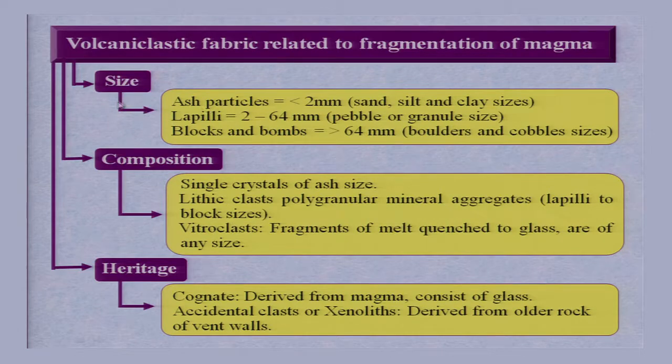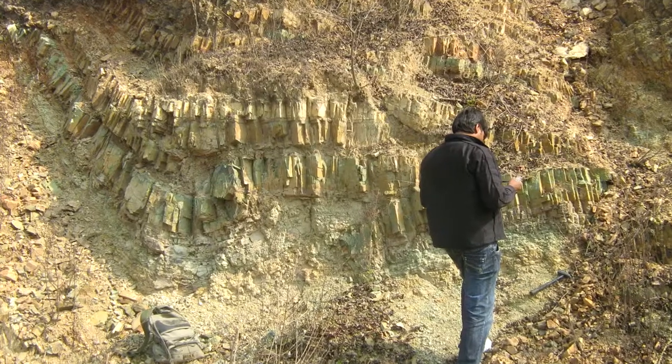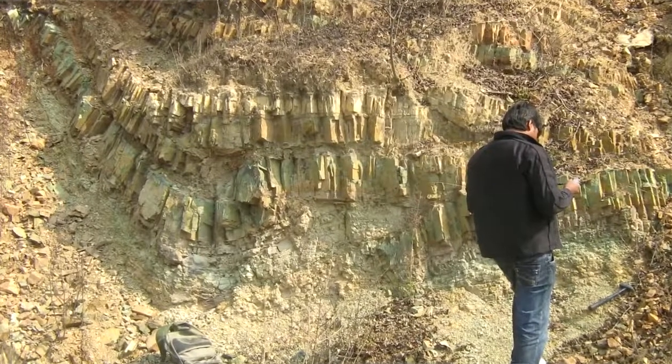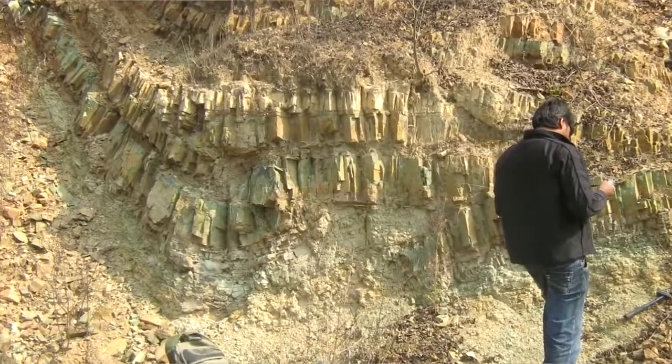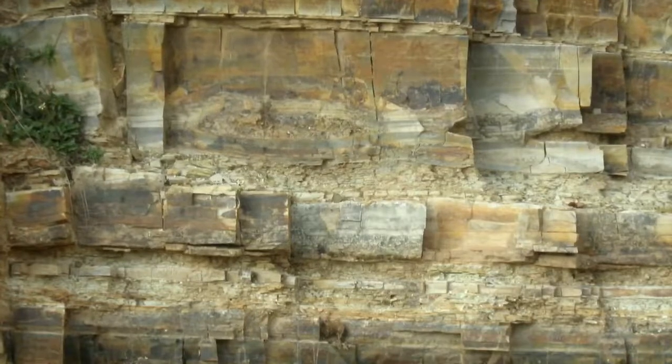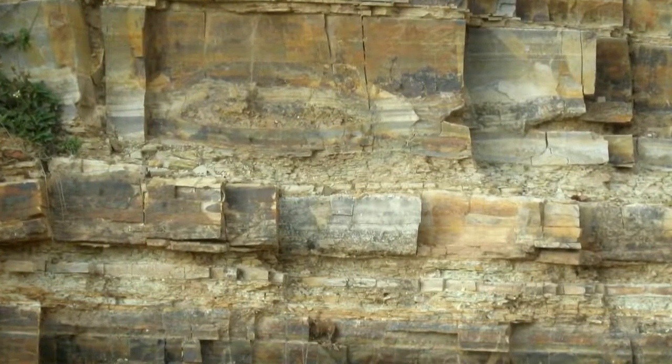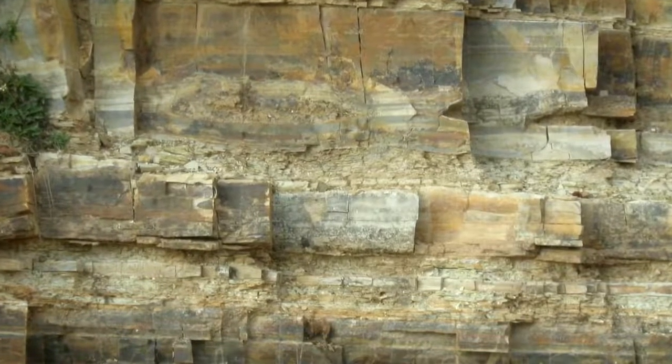First, I will discuss the size. They can be classified as ash particles: less than 2 millimeter size, sand size, silt size or clay size particles derived out of explosion of the volcanic glass or any other igneous rock, and as a result ash size particles are formed.